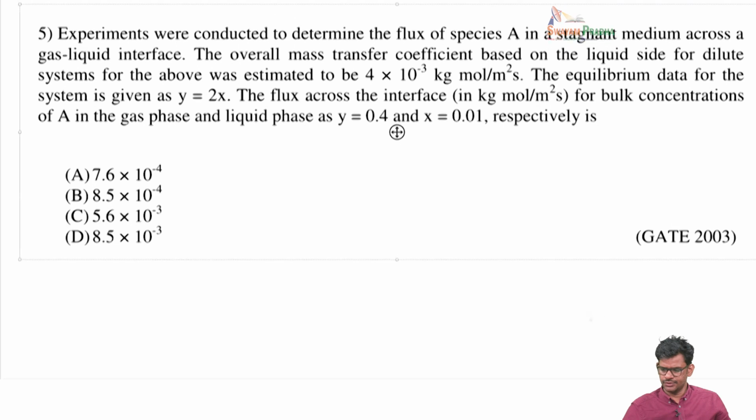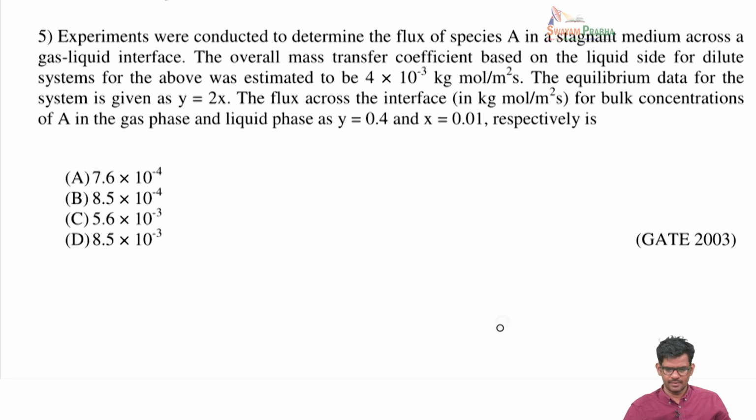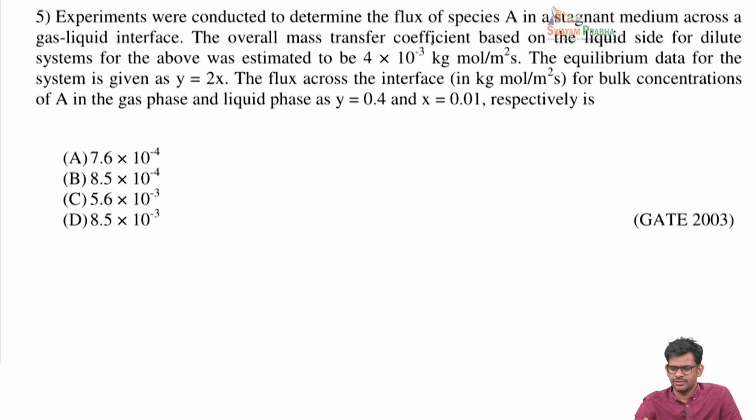So this is a GATE 2003 question paper. Experiments were conducted to determine the flux of species A in a stagnant medium across a gas-liquid interface. The overall mass transfer coefficient based on the liquid side for dilute system for the above was estimated to be this.